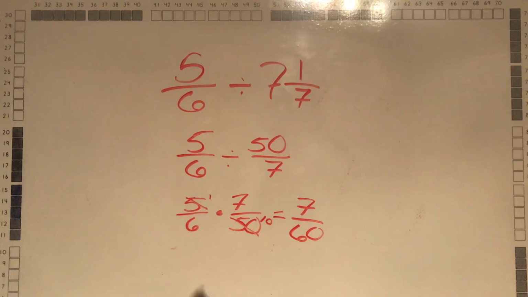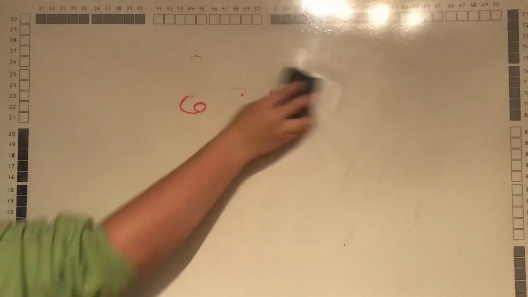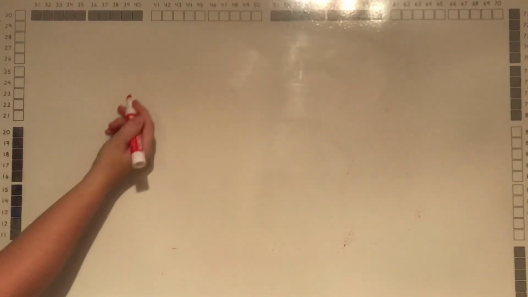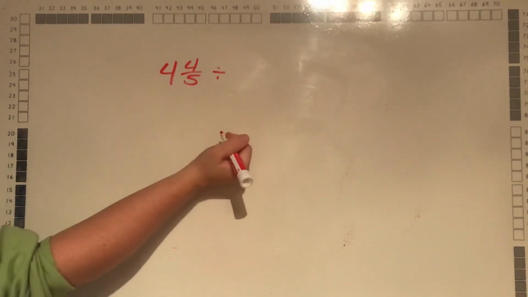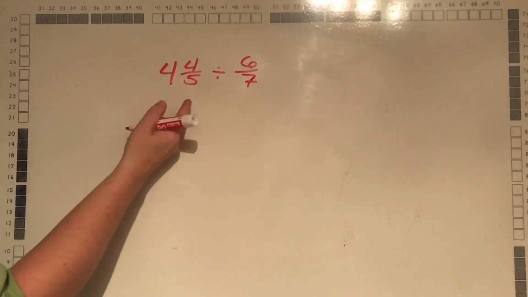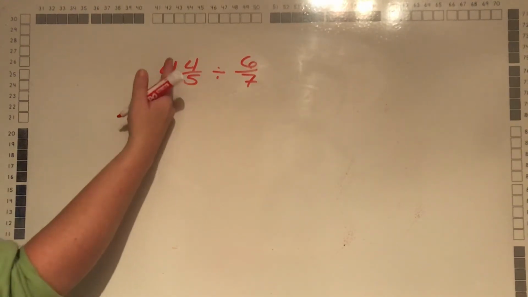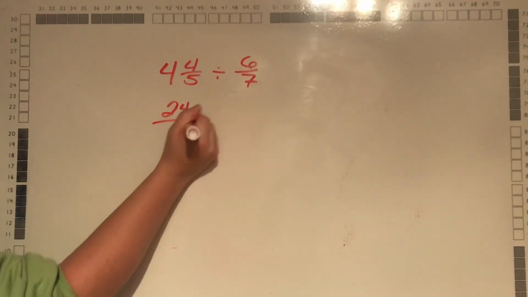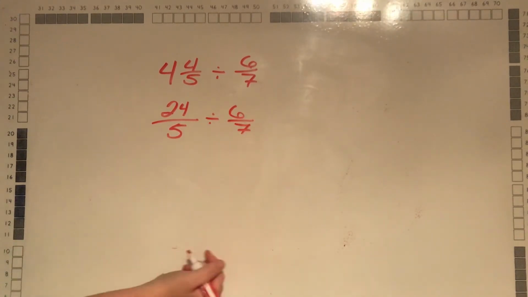Okay, one more example, and then I will give you a think and explain question. So, example 2c gives us 4 4/5 divided by 6/7. So first we need to turn our mixed number into a fraction. So 5 times 4 is 20, plus 4 is 24 over 5, divided by 6 over 7.